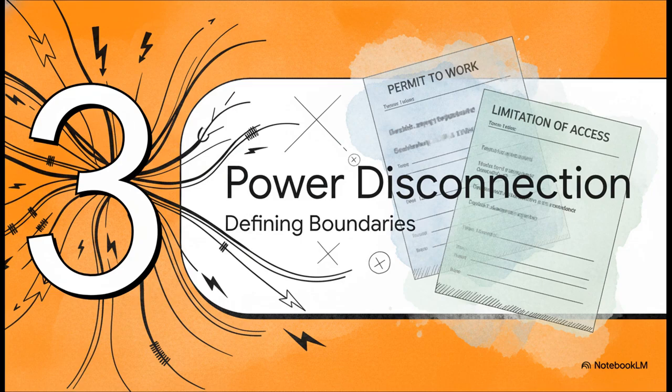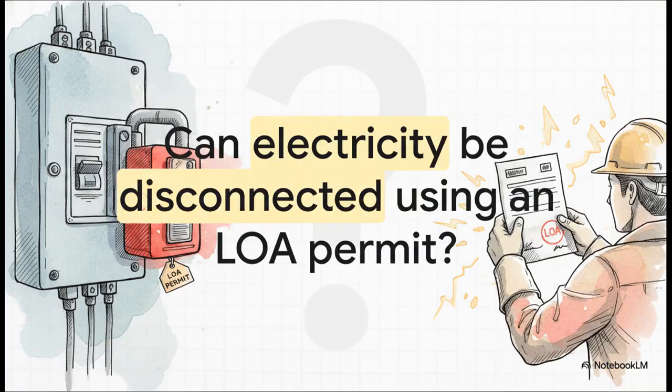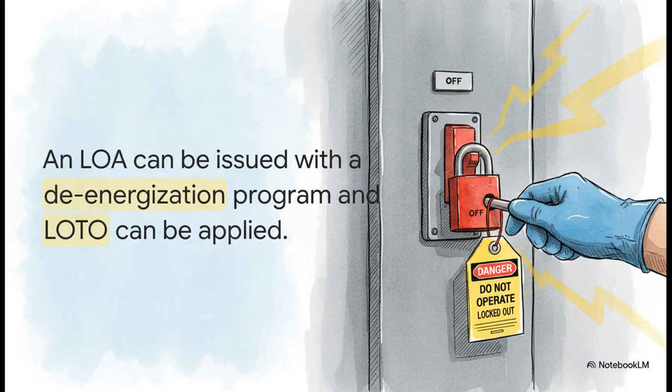Section 3. The power disconnection rule. Defining the boundaries. I want you to think about this critical question for a second. Can electricity actually be disconnected using just an LOA permit? A lot of folks assume that because the LOA is meant for working near live equipment, you aren't allowed to shut the power off. But is that myth actually true? Let's check the rulebook. The answer is a massive yes.